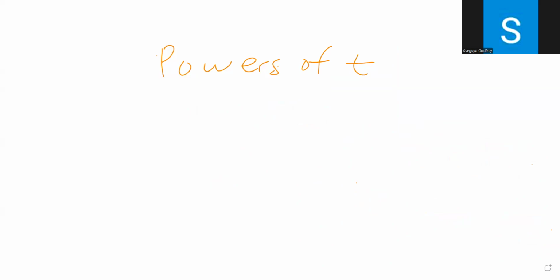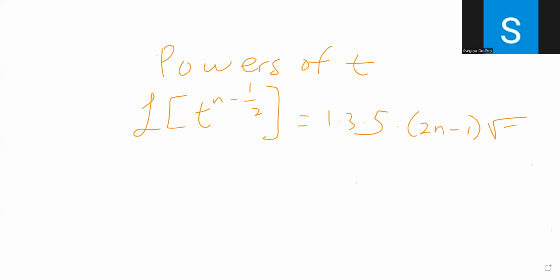And the formula will be L of t^(n-1/2) equals 1 times 3 times 5 up to (2n minus 1) root pi, all over 2^n s^(n+1/2). How are we going to apply this one? These are powers like a half, 3 over 2, 5 over 2 in that range, meaning that this is n minus a half.